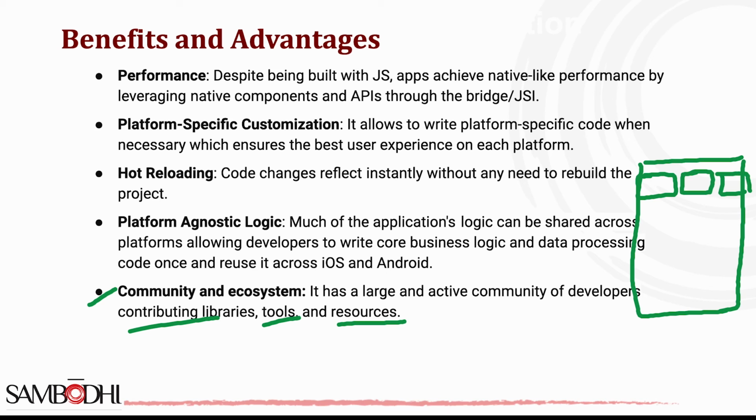Instead of creating this whole scrollable carousel from scratch using JavaScript code, there will definitely be a library available with a name like React Native Carousel or React Native Swipeable Carousel, something like that. You can just leverage that library and install it on your project. You can directly load that component available with that library, and this carousel will be ready to use. So this is what large community means, that most of the resources will be available to you.